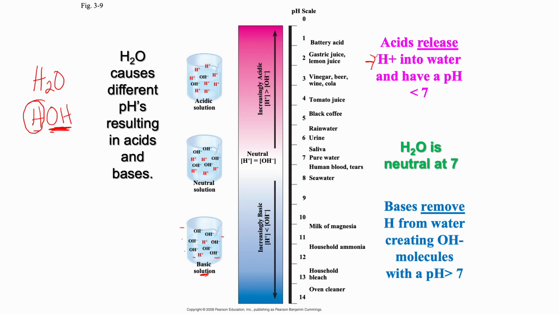And then if you have a lot of hydrogen ions, see all the H's, there's way more H's represented here than there are OH. If you've got a lot of H's, you have an acidic solution. And then a neutral solution is when your hydrogens and your hydroxide ions are balanced. They're equal to one another.